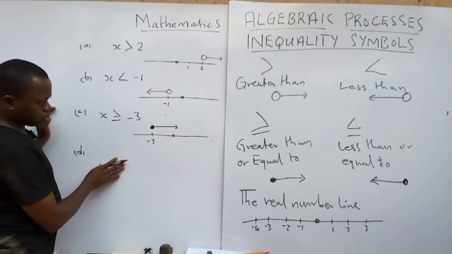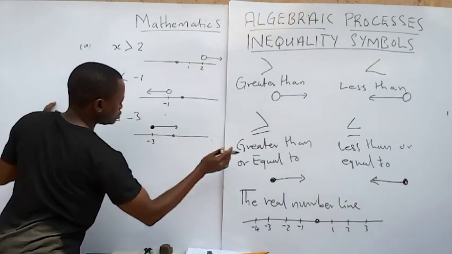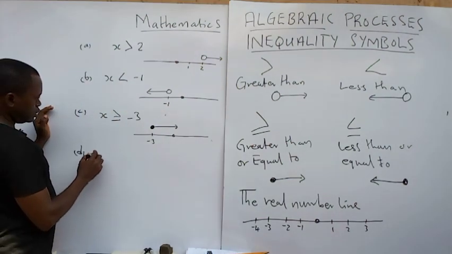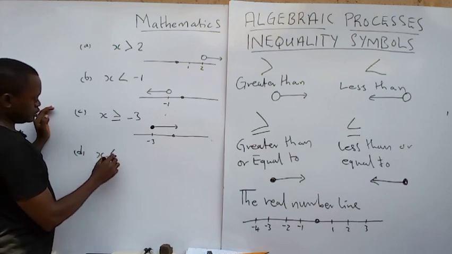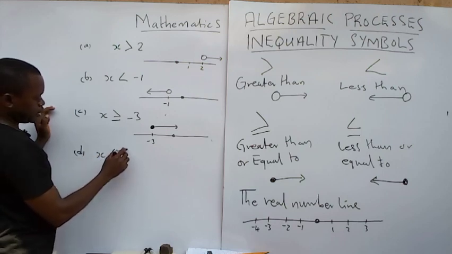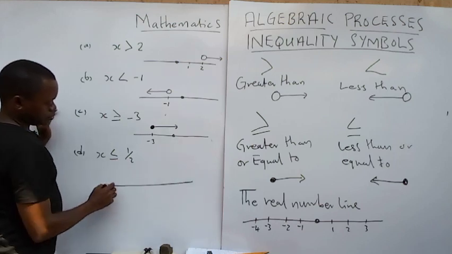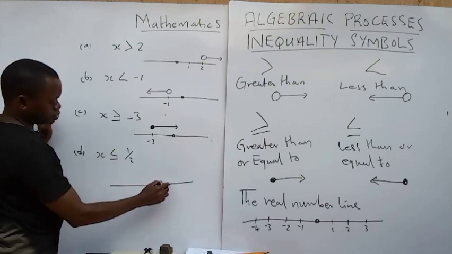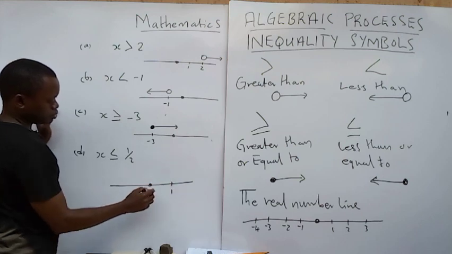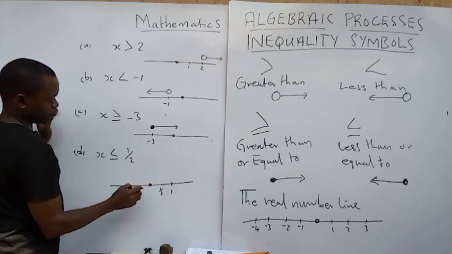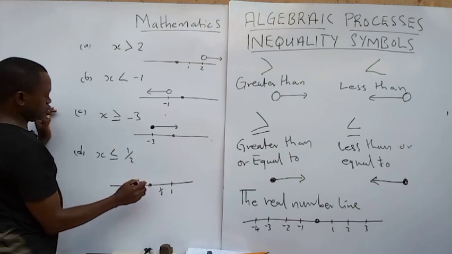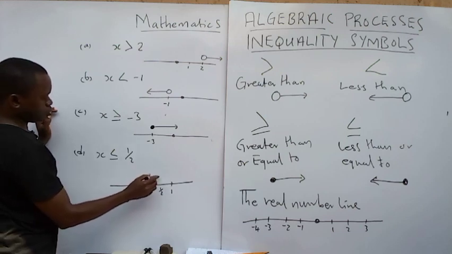Now, what again was I looking at? Okay, let me consider the other one too. If I say x is less than or equal to, let's say, half. So I can put it on the number line. Let's say here is my origin and somewhere here is 1. So here is half. So x is less than or equal to half.